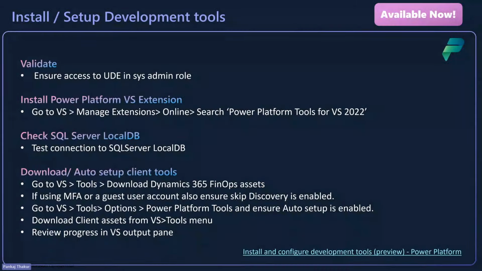So the thing you do before you start setting up, once you have the Windows machine, is that you first validate that you actually are in the correct role in the unified development environment. If you created it, well and good, but many times it is some tenant admin who creates these environments and dishes it out to different developers. So in that case, the first thing the developer should do is ensure the right access.